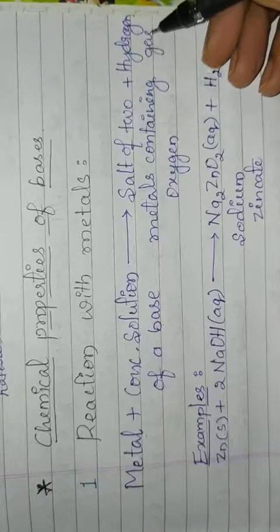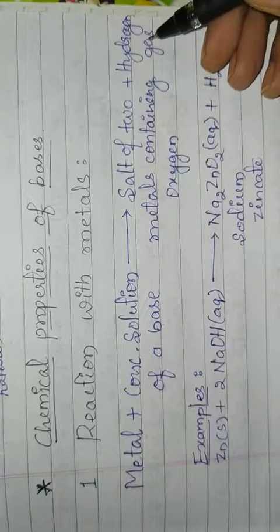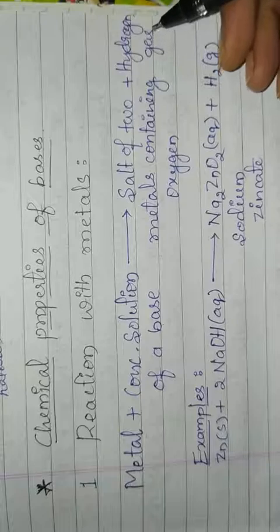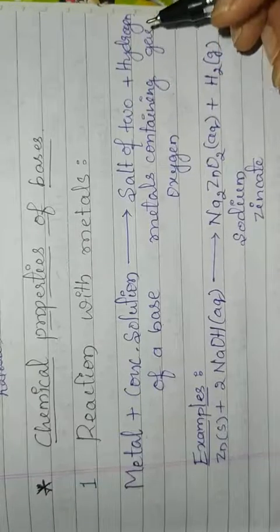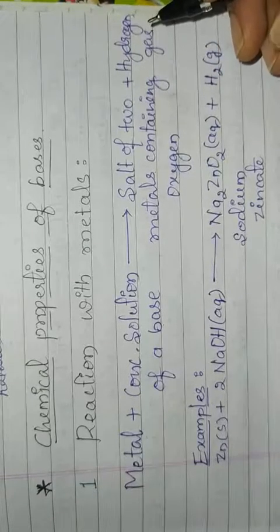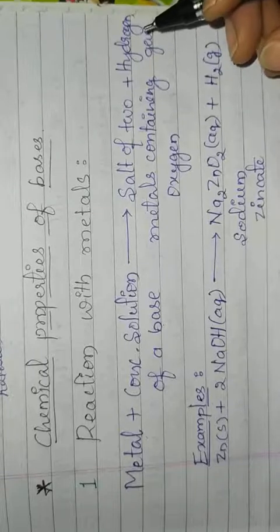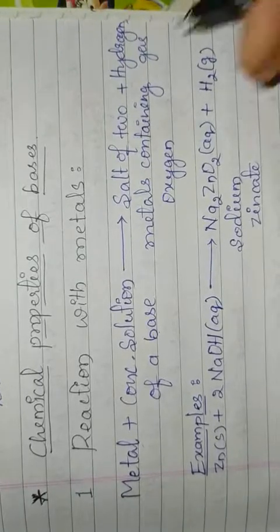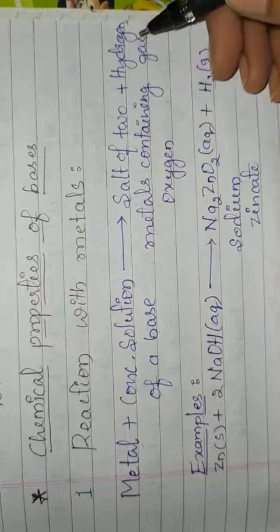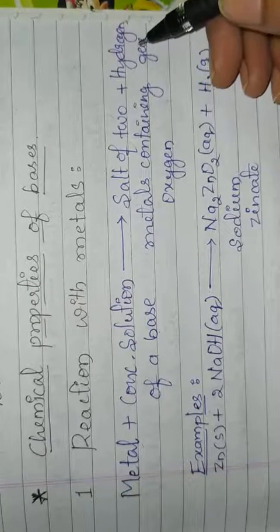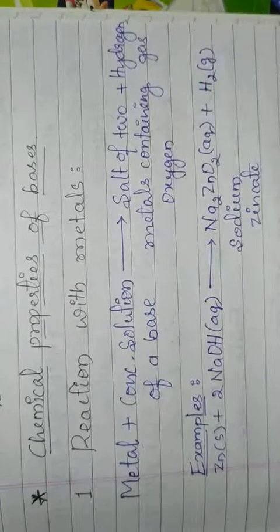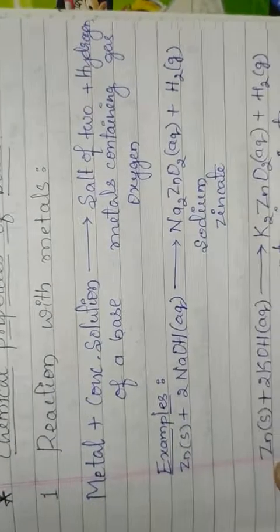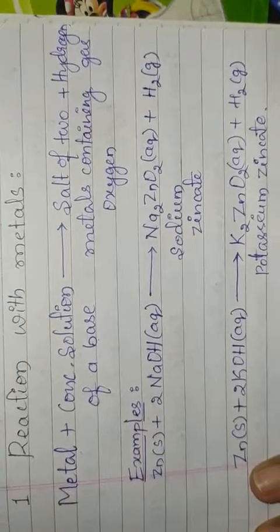Release of hydrogen gas is checked by bringing a lit matchstick near to this gas, and we'll see that pop sound. Let us see examples for this kind of reaction.